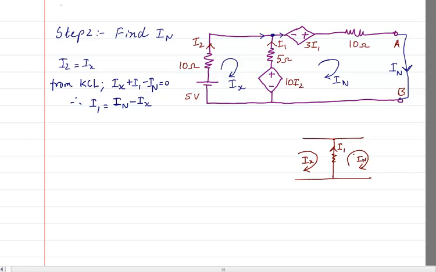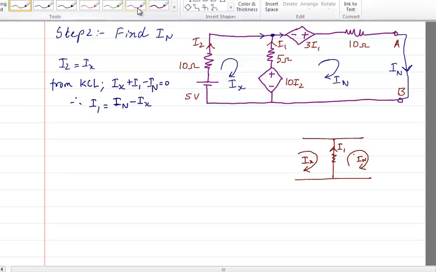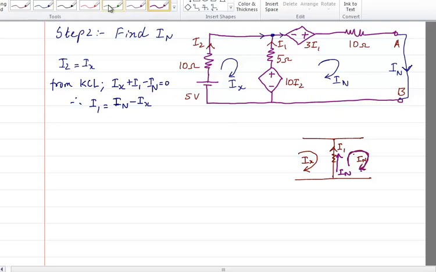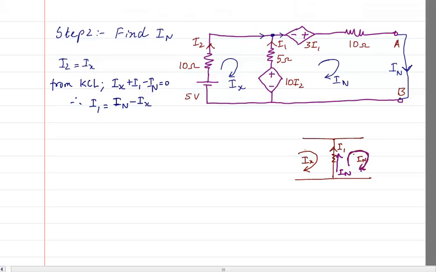Now as far as that central branch is concerned, IN is moving in this direction. Why? Because we have drawn the loop like this. The loop current we have drawn like this, whereas Ix is in the opposite direction. Let me draw that one also. So Ix is going to be in this direction.